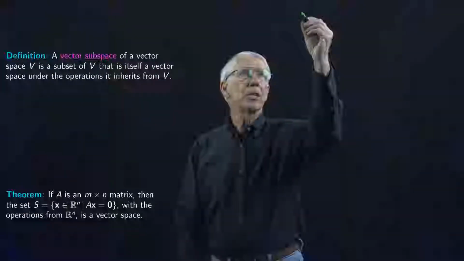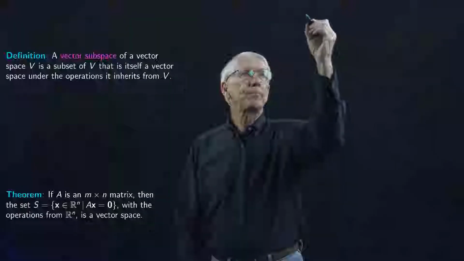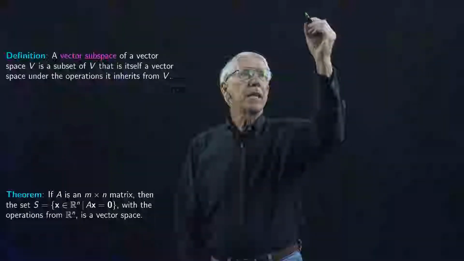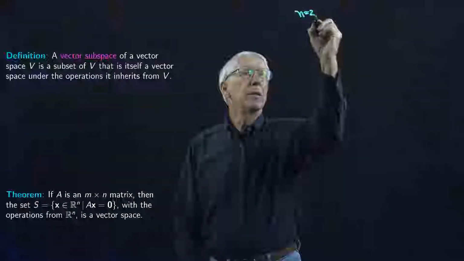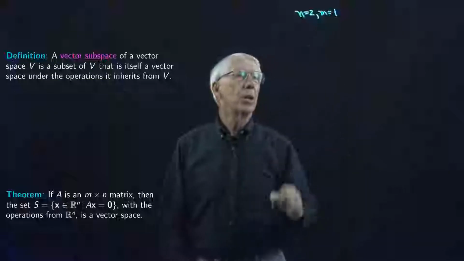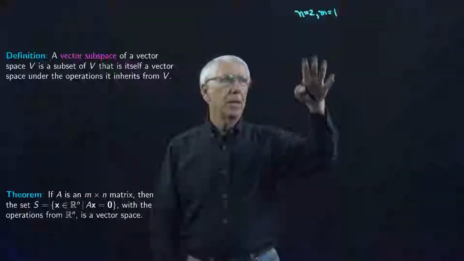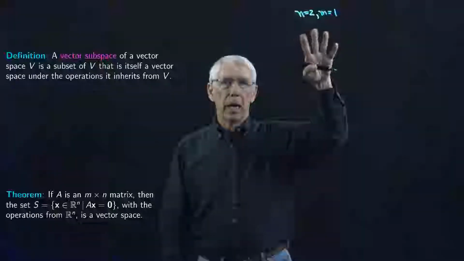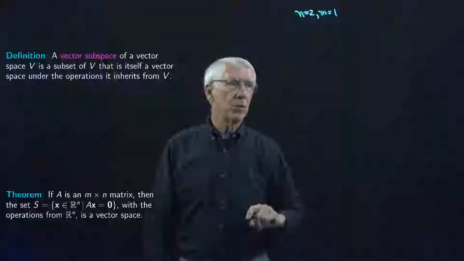So let's take as our example a situation where n is 2 and m is just 1, and so we're back in R2 with a homogeneous linear equation system, but it's only one equation because m is 1.